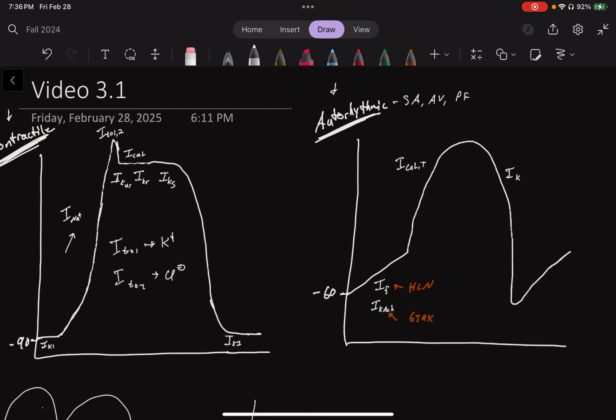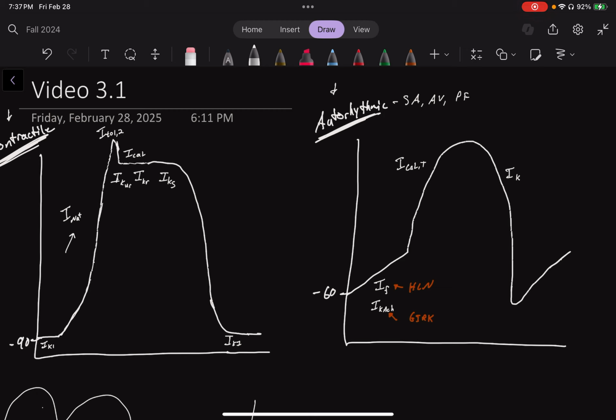They're calcium activated, so the little bit of calcium inflow happening along this climb activates the chloride channels to open. Great, so that causes a very quick repolarization of the cell.